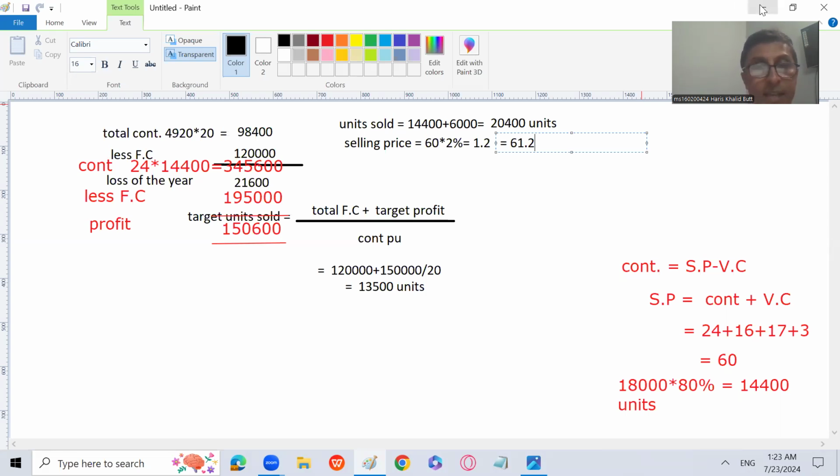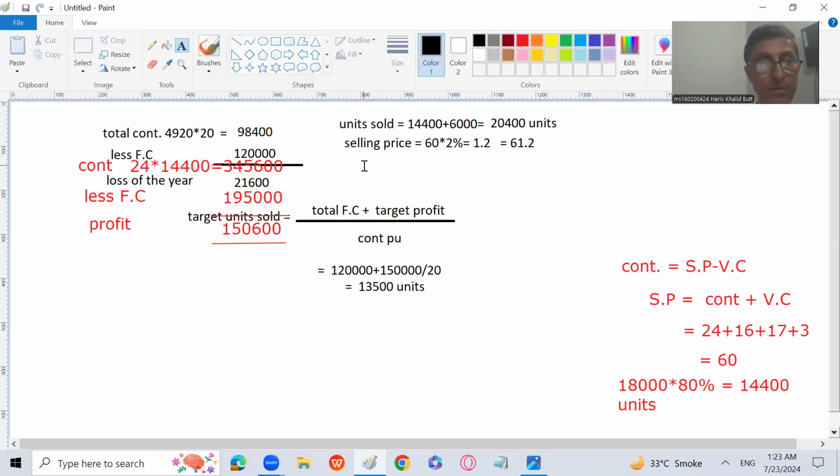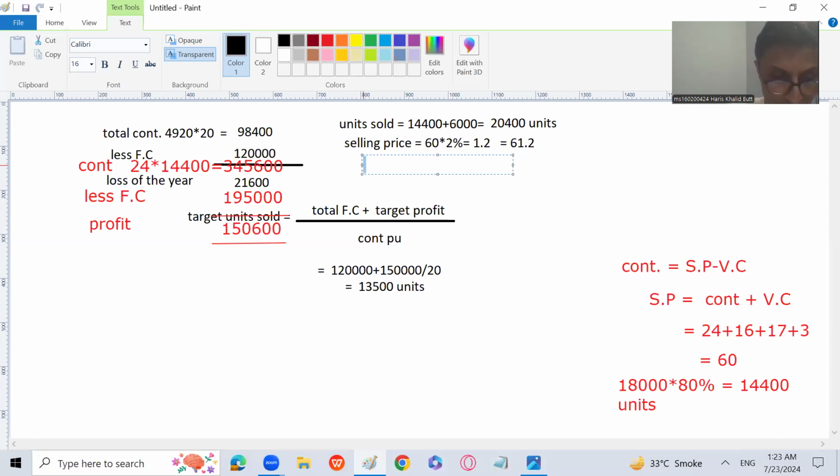So now we are basically selling how many units? 20,400. Let me write it down: normal capacity is 18,000 units, right? Because we were basically selling 80% of the normal capacity, and that was the current level.